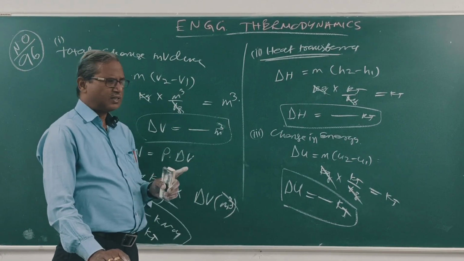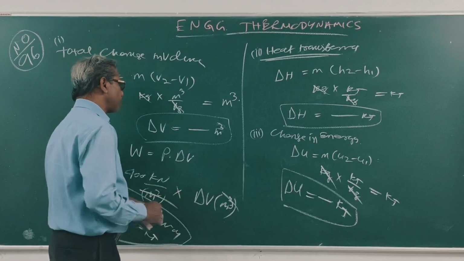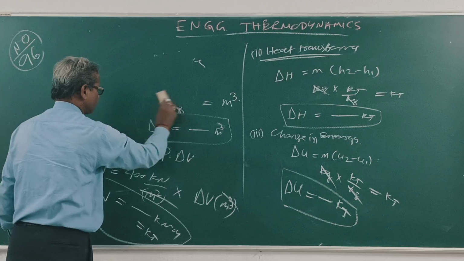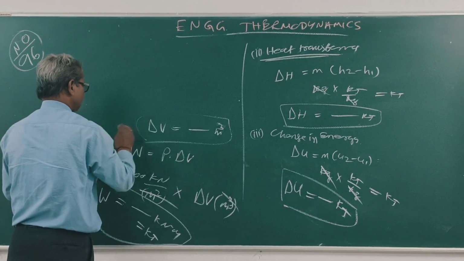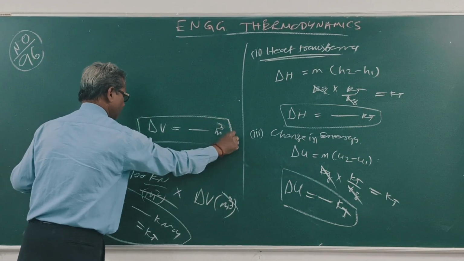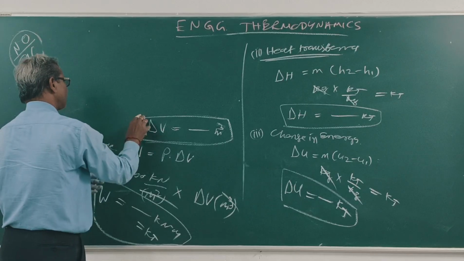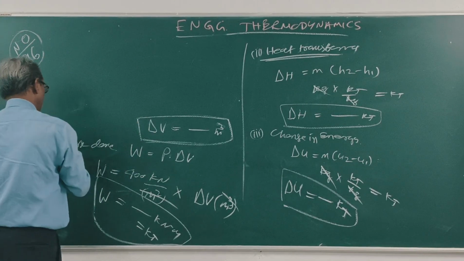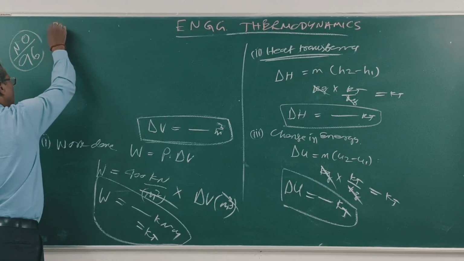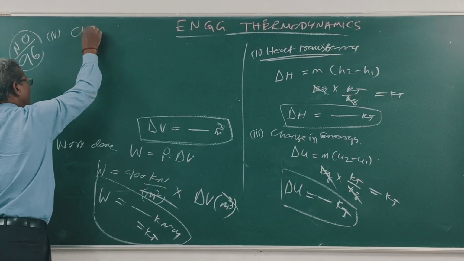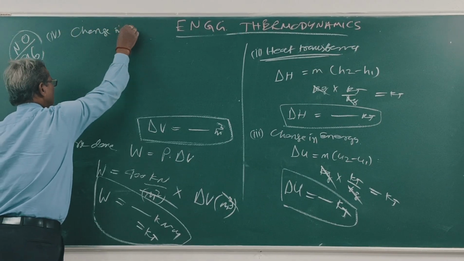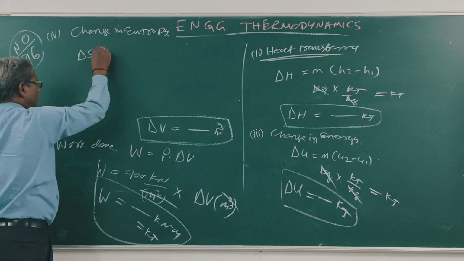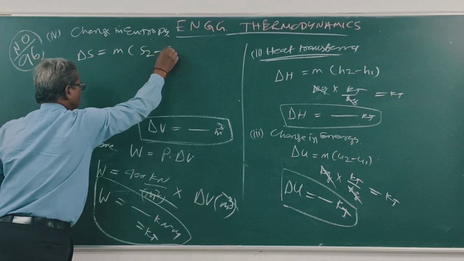Next, number 4, change in entropy. Delta S is equal to m into S2 minus S1.